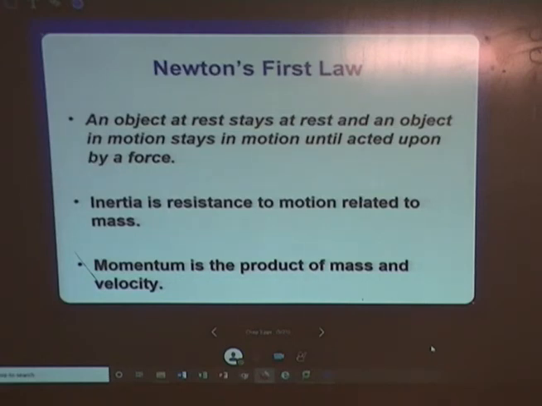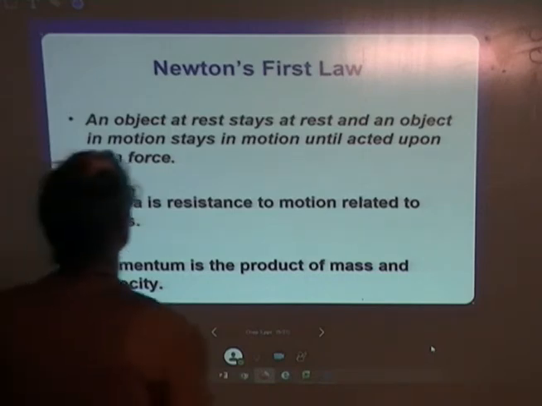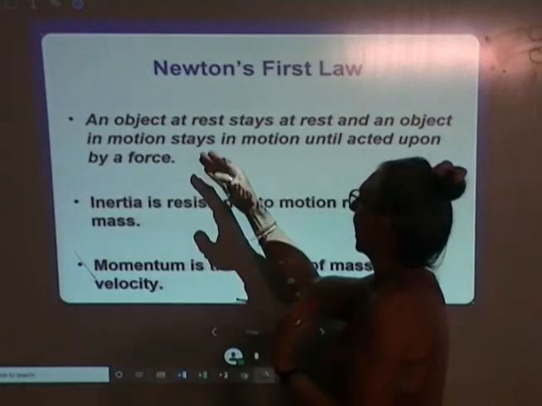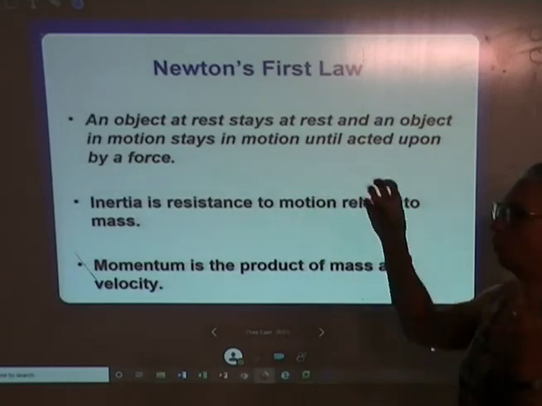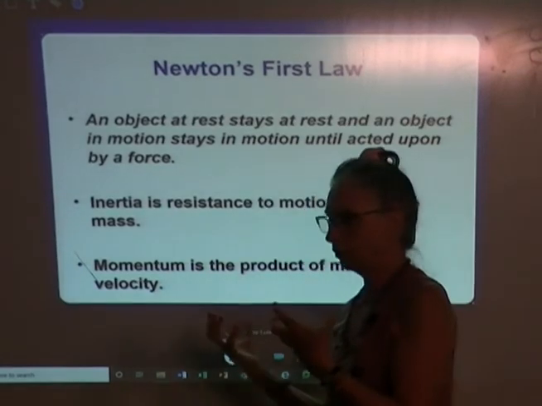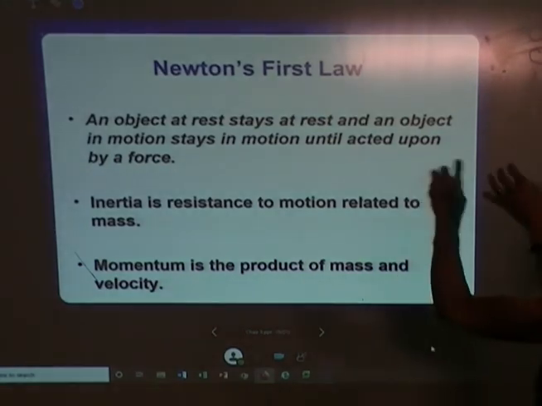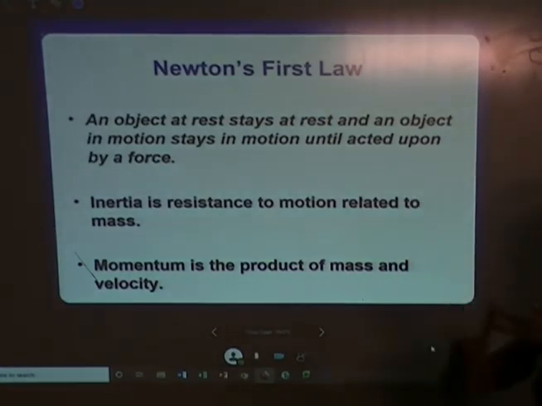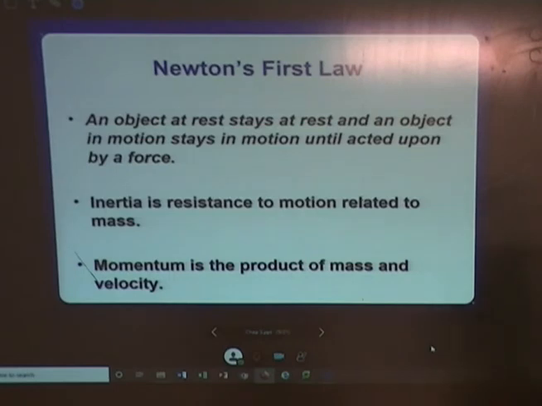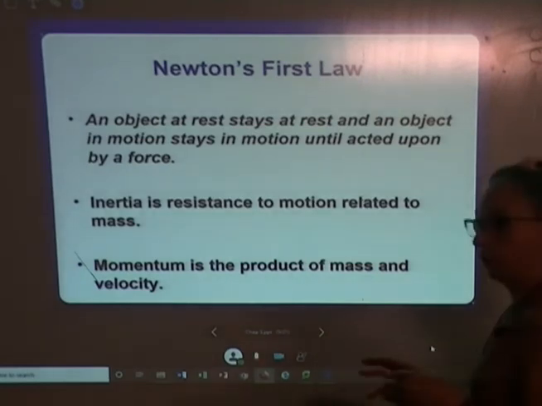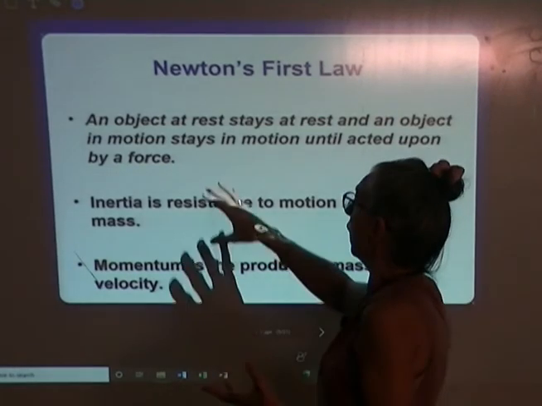So we have to understand that once we're in motion, it takes an external force to slow us down or to stop us. That's really important to understand that idea.